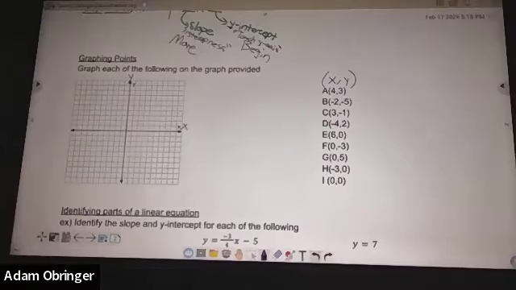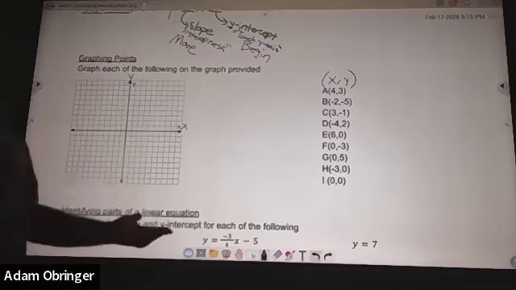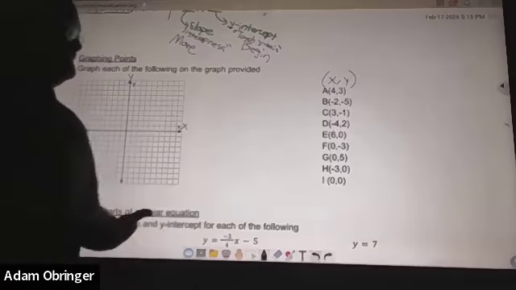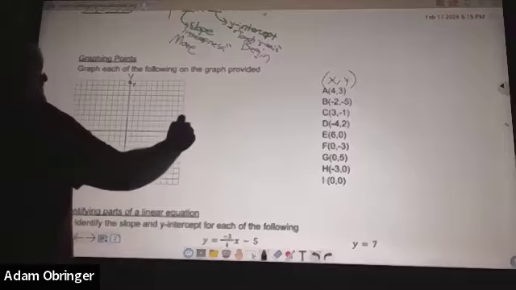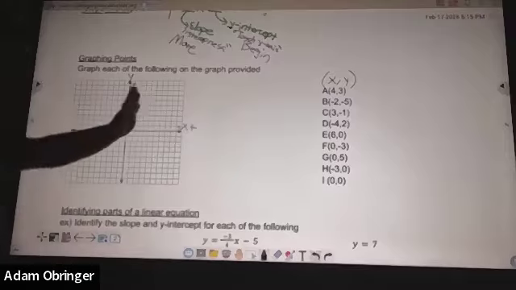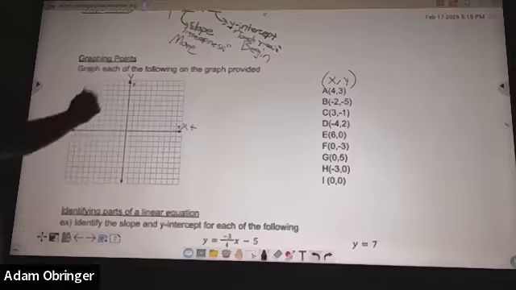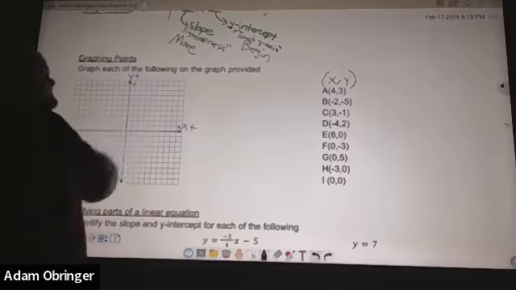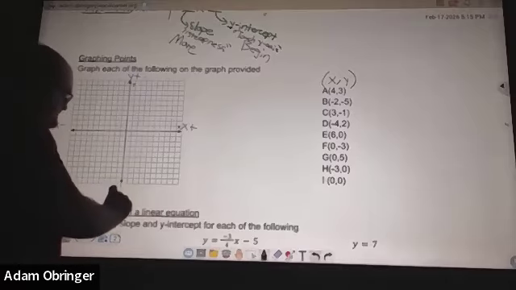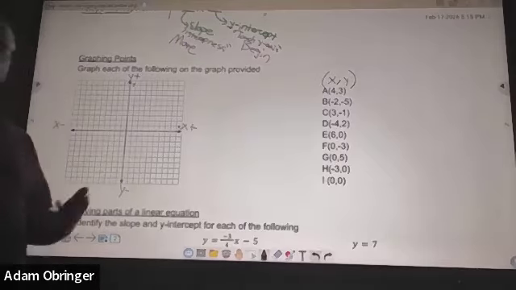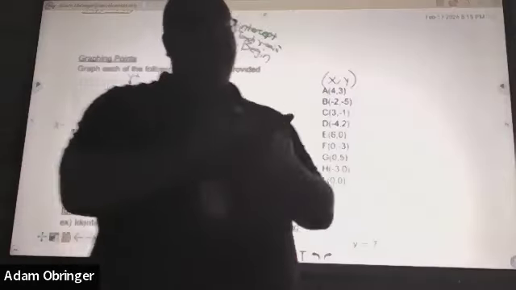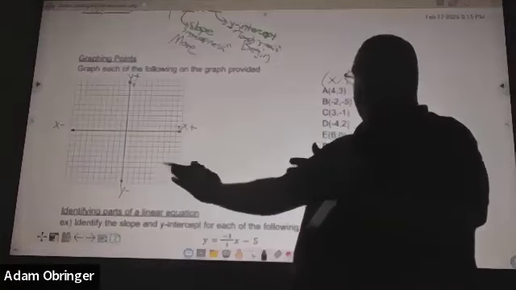I have a lot of people get confused because when we start throwing in negatives, it throws people off. The basics of it is that you're always going to put your positive x's on the right side, your negative x's on the left side. In the same way, y is positive up and it is negative down. A good way that I like to think about it is when I'm reading, I read from left to right.